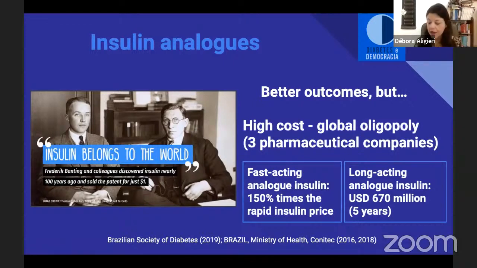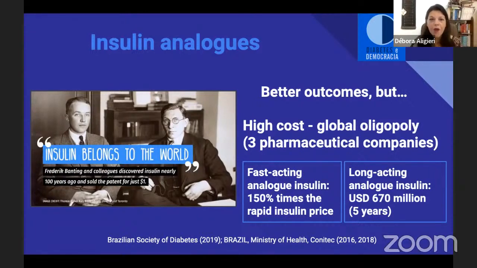Here in Brazil, CONITEC, the National Committee of Technology Incorporation of the Ministry of Health, estimated that fast-acting analog insulin costs 150 times more than rapid insulin, which is the standard, and the long-acting analog insulin would cost the system $670 million American dollars in 5 years if incorporated.